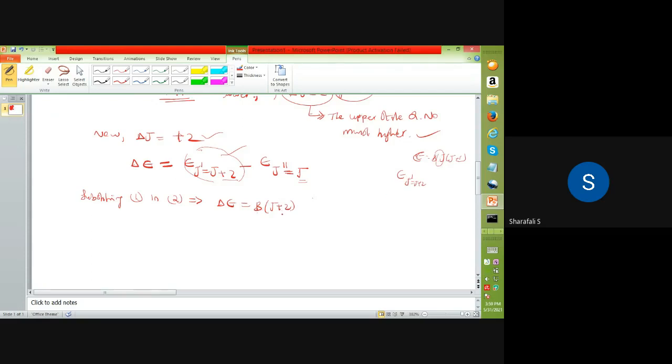So b into j plus 2 into j plus 2 plus 1 minus, when you consider this energy level, all my j will become j double dash. So in this equation, all my j will become j double dash. Again, I have to substitute instead of j double dash, so this will be j into j plus 1.